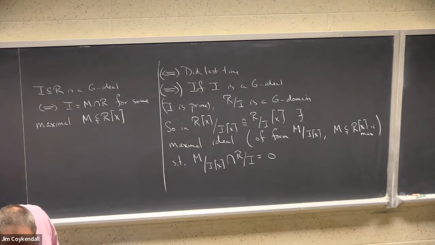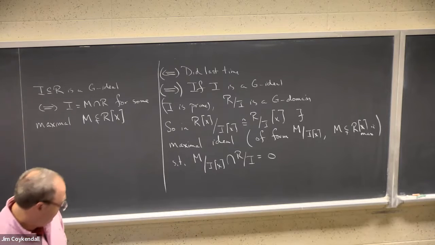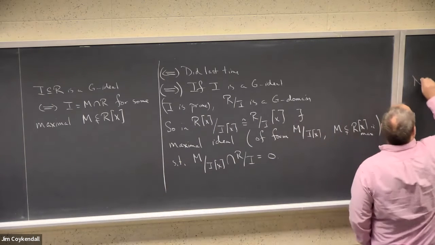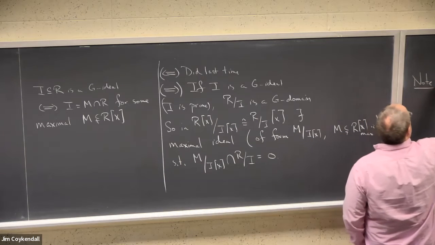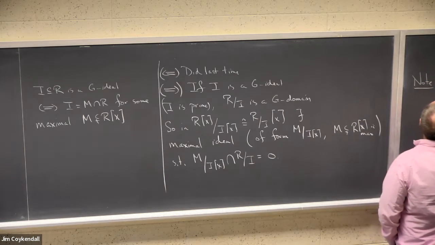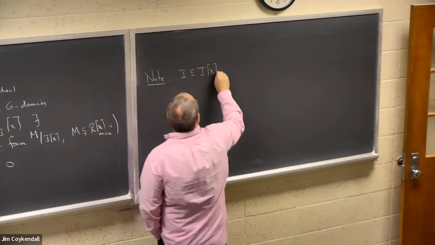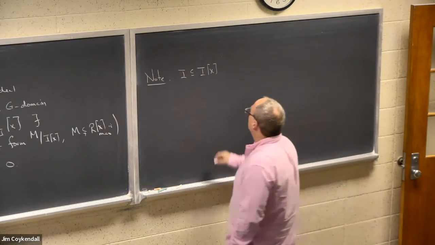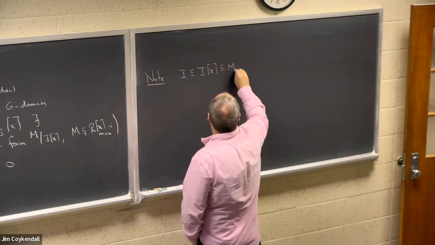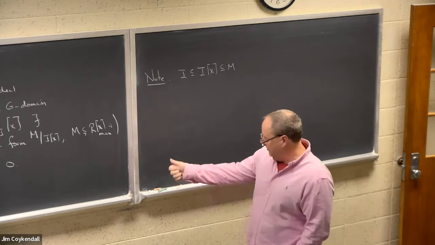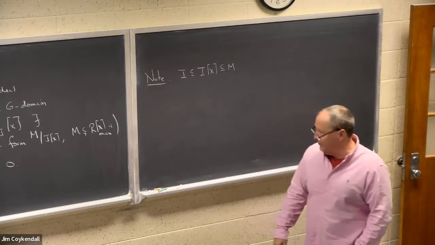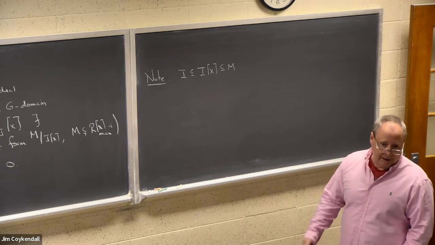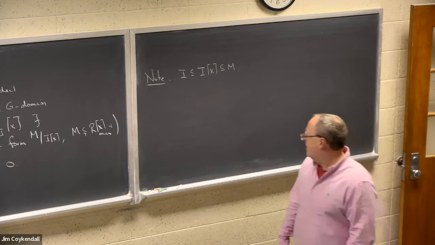So let me pull a translation on this. So note that I is contained in IX, as a set of elements, which is contained in M, because by necessity, by the correspondence theorem, that M is a maximal ideal already contains IX.